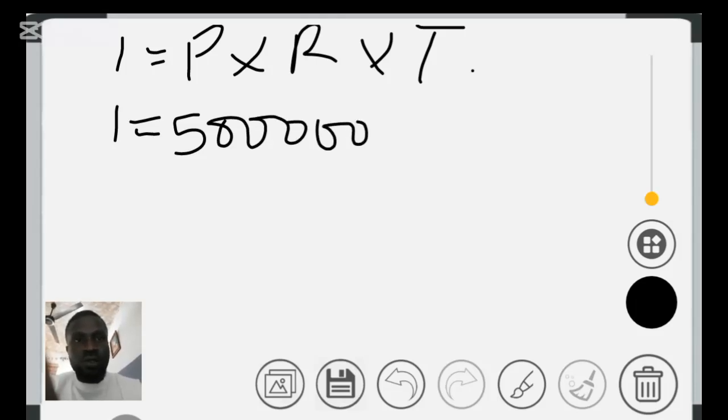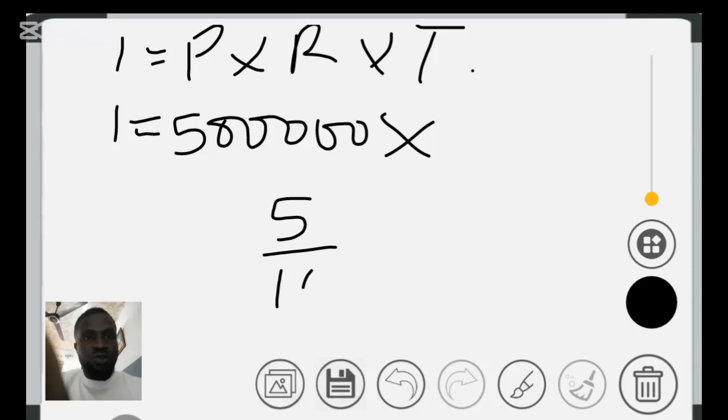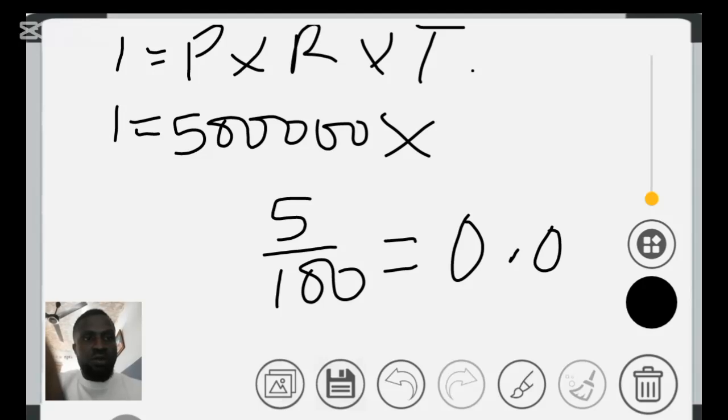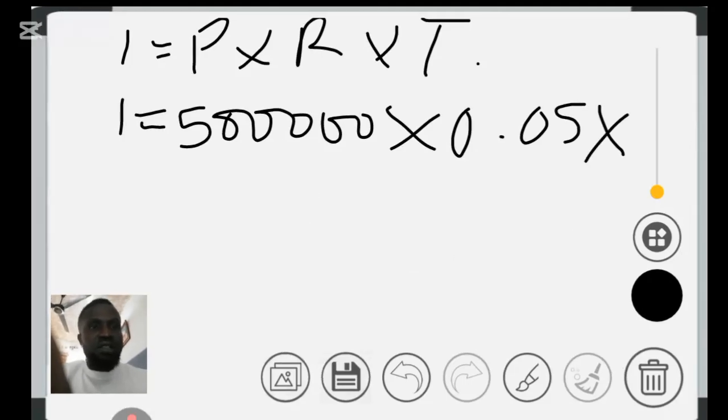So you're going to write 500,000 times our rate, which is 5%. 5% over 100 is equal to 0.05. So our rate is 0.05 times 3 years.